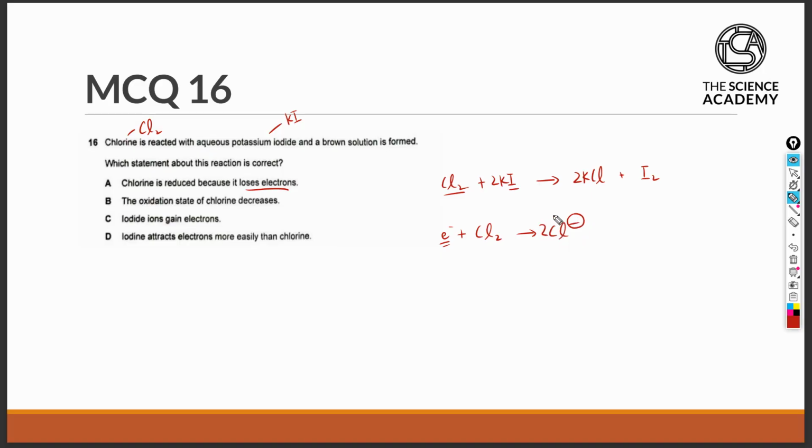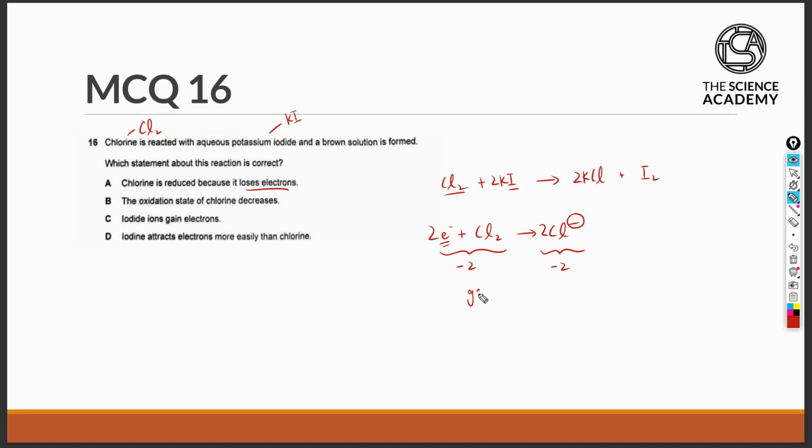And 2 chloride ions will give the right side of the equation a -2 charge. Therefore, the left hand side should also have a -2 charge, leading us to balance out the charges with 2 moles of electrons. So we can say that 1 mole of chlorine takes in 2 moles of electrons to form 2 moles of chloride ions.